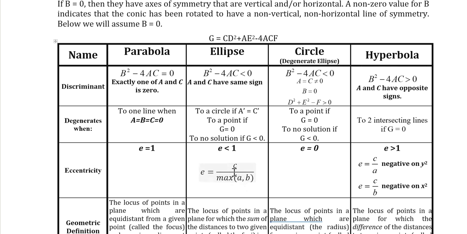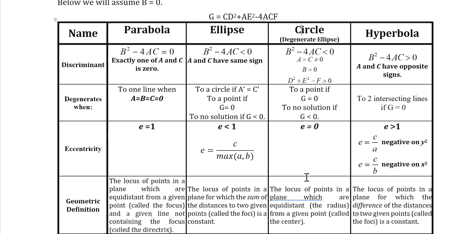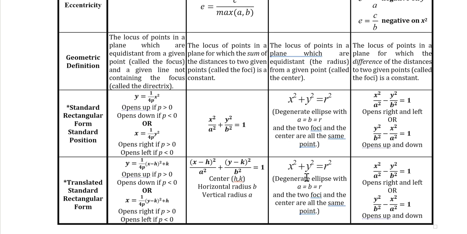For an ellipse, it's c over the maximum of little a and little b, and I'll explain what little a and little b are in a minute. For a hyperbola, the eccentricity is c over little a when the negative is on the y squared, and it's c over little b when the negative is on the x squared, and that'll make more sense if you've been watching before with the formulas.